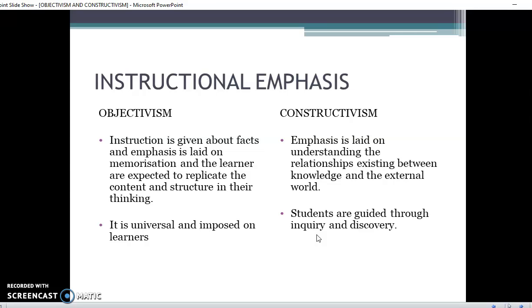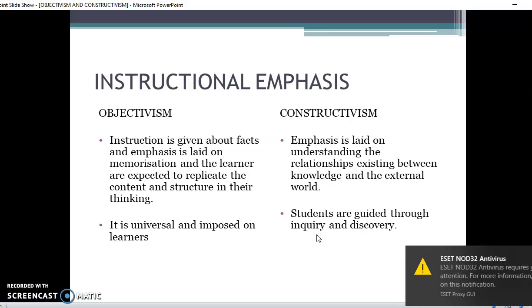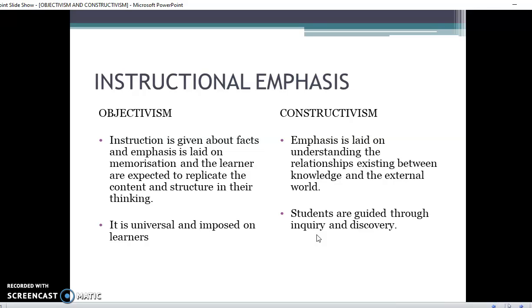So there are various steps and various levels the students have to cross in order to reach that particular knowledge or information which they would get at the end of the inquiry process. So here the guidance is given by the teacher to the students in order to get knowledge, or the instruction would be like this, wherein you don't teach them or impose on them something.